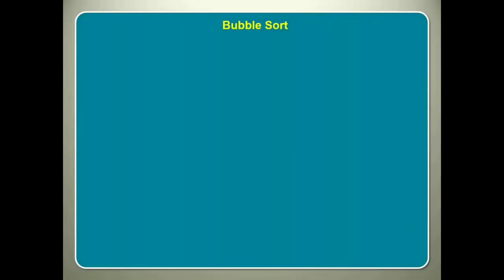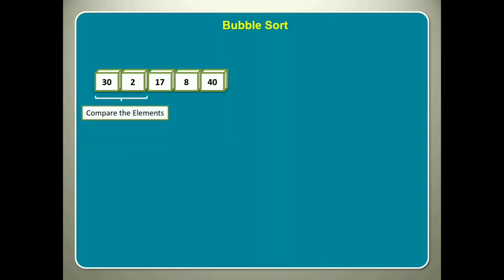Consider the following list that is required to be sorted in ascending order. List elements are 30, 2, 17, 8, 40. Step 1. Compare the first 2 elements, that is 30 and 2. Since they are not in order, these elements are swapped with each other.